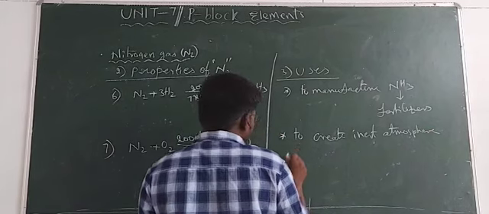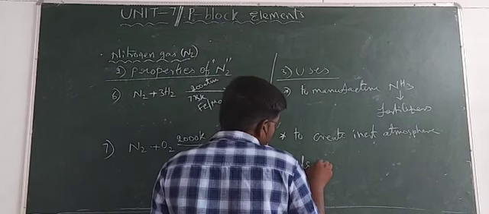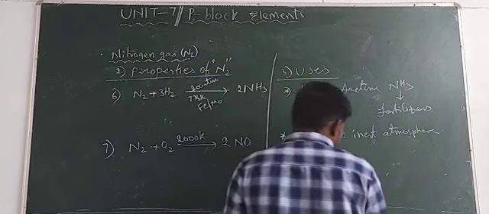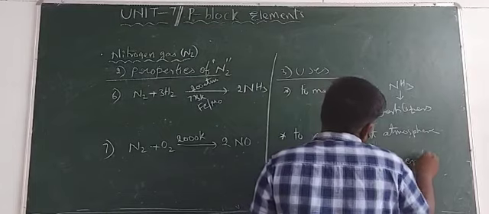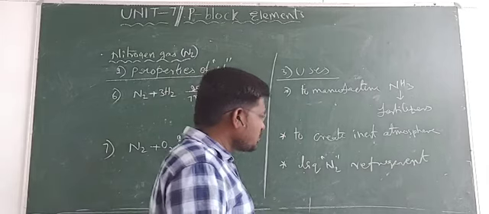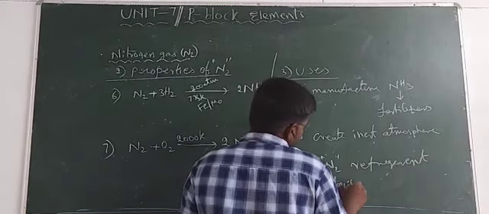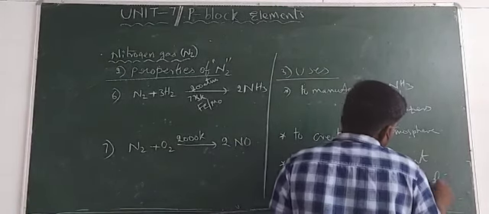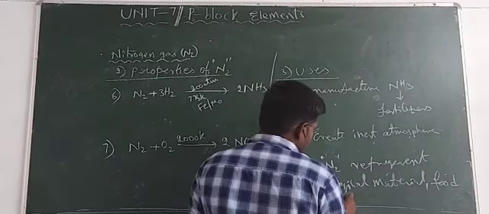And the next one, the last one, which is used as a liquid nitrogen. Liquid nitrogen is used as a refrigerant to preserve the biological material, and to preserve the food, and it is also used in the cryosurgery.